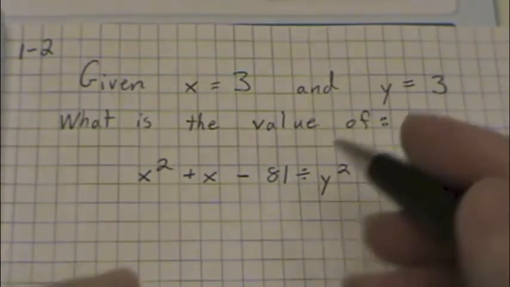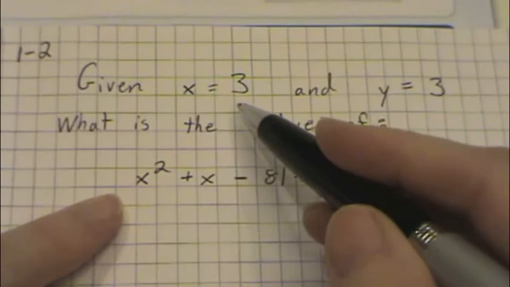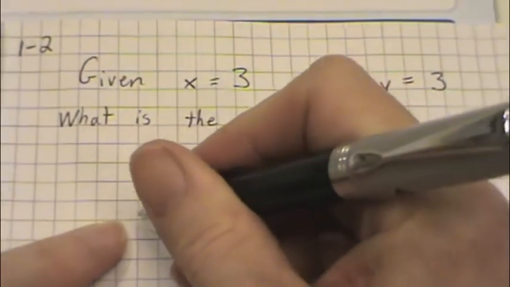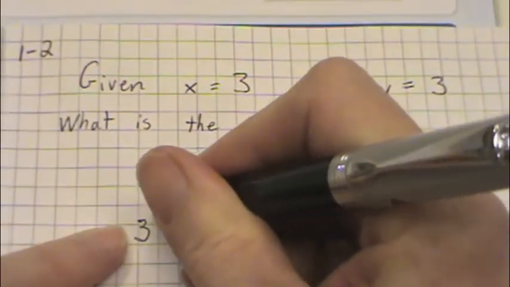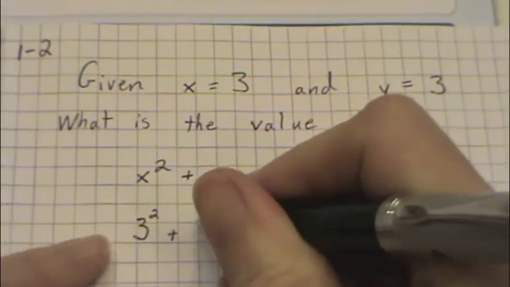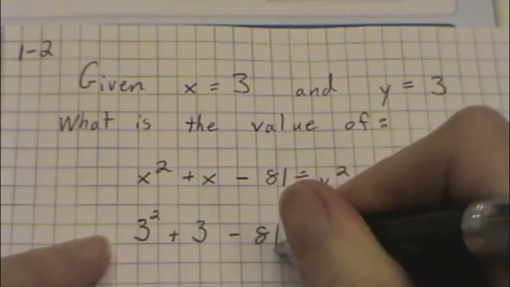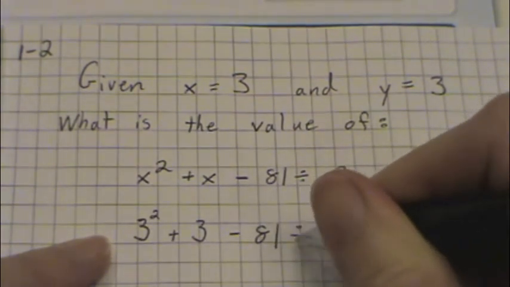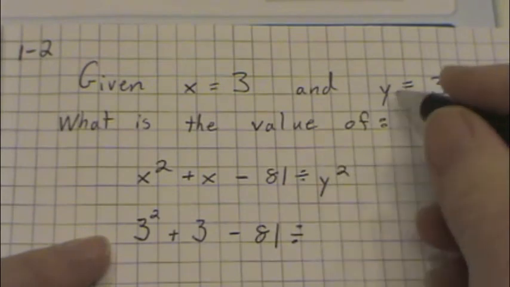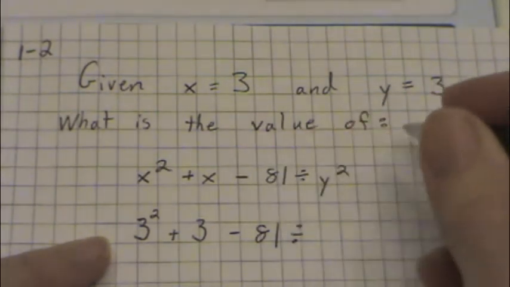Those nice big fancy words. All you do is you put in what I've given you. If x is equal to 3, then this means 3 squared plus x is still equal to 3. 3 squared plus 3. Don't have to do anything fancy about 81. Divided by y squared. Oh, y is equal to 3. That was pretty nice of me to make both x and y the same thing. I should have given you different numbers.